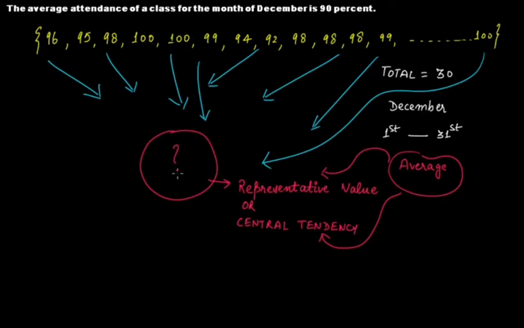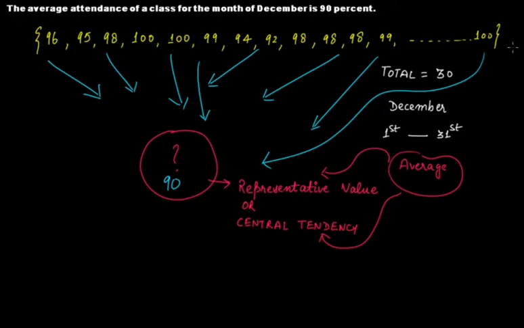Okay, in this case, if it is 90%, does that mean that on each and every single day for the month of December, the attendance was 90%? No. You can clearly see that. For some days it was 96, for some days it was 95, for some days it was 98, then 100, then 100, then 99, then 94, and so on.